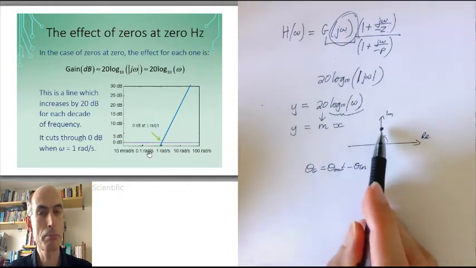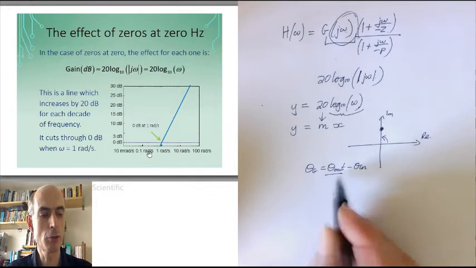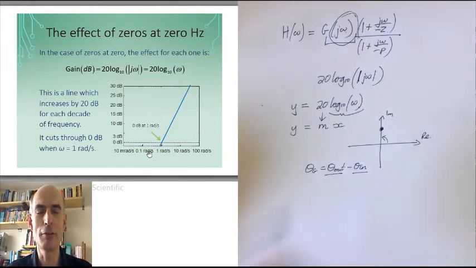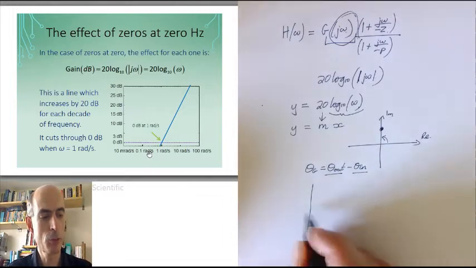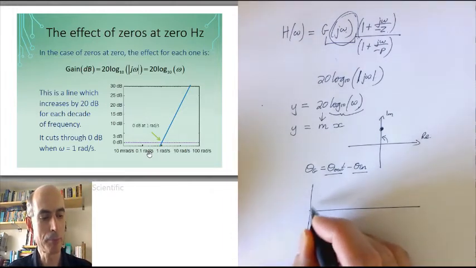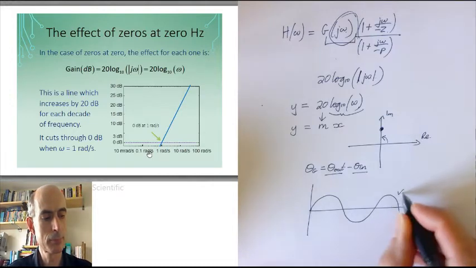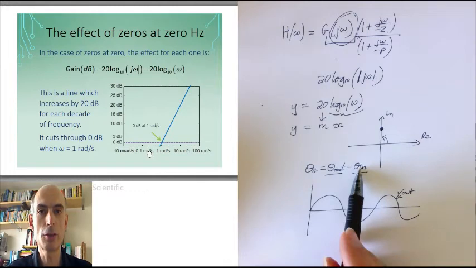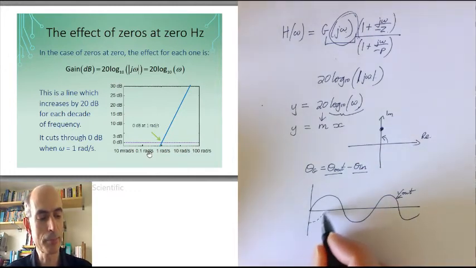That is plus 90 degrees here, which means that the output is going to be 90 degrees ahead in phase of the input. If the output was doing something like this, then the input would be 90 degrees behind it, and therefore doing something like this.